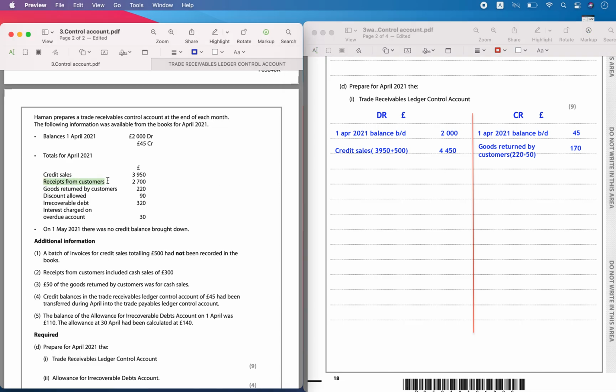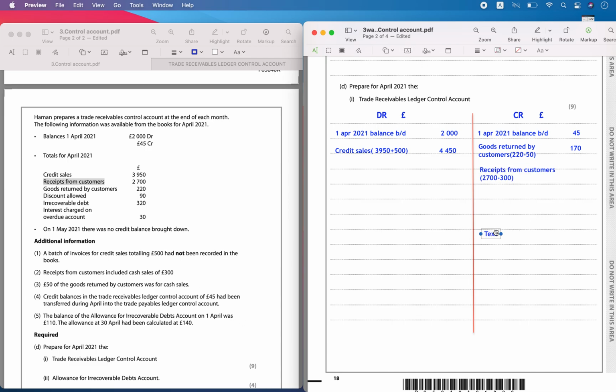And then you had receipt from the customers, they paid some amount through the bank. So receipt from the customers would be around 2700. Okay, and the adjustment was it included cash sales of 300, which we have to remove because it should include only credit sales.